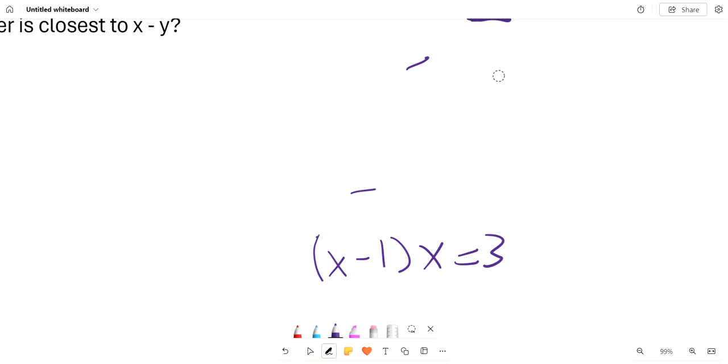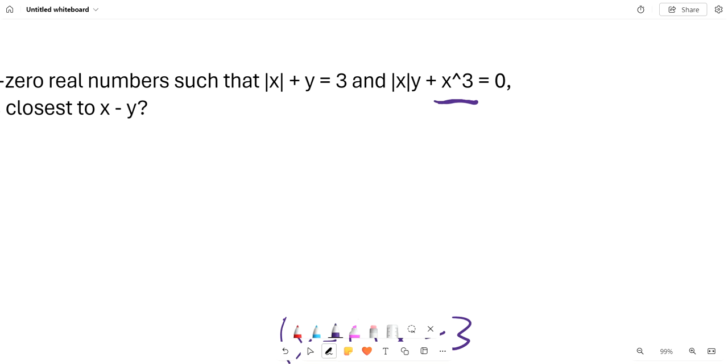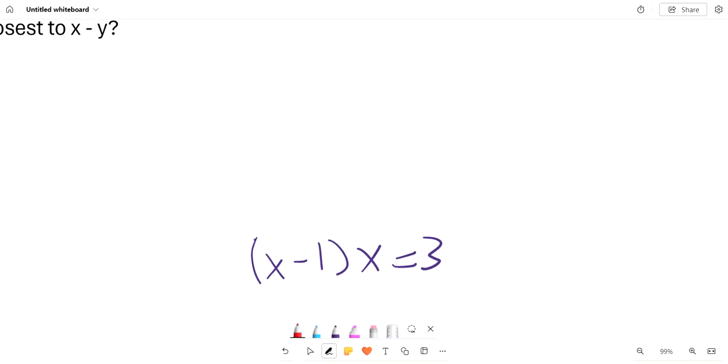So now we need to find two numbers that differ by 1 that multiply to 3. So we just guess and check, and we can see that, for example, if x was 2, it would equal 2, which is too small. If x was 3, it would equal 6, which is too big.